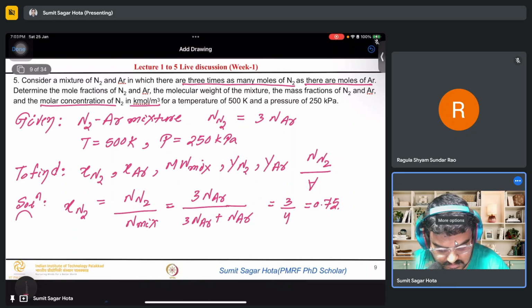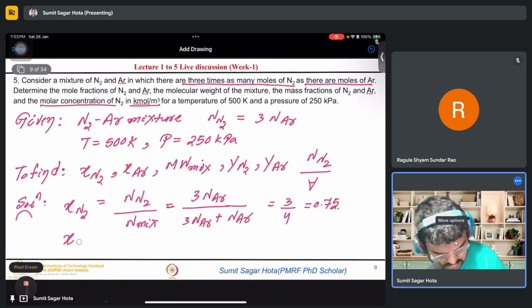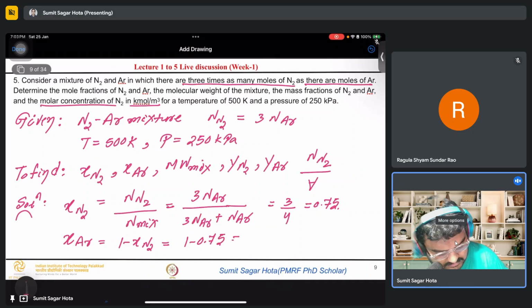Chi of Ar is equal to 1 minus chi of N2, which is 1 minus 0.75, so 0.25. So these are the values.